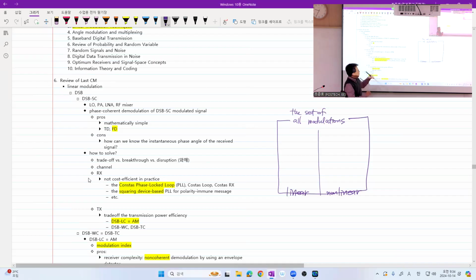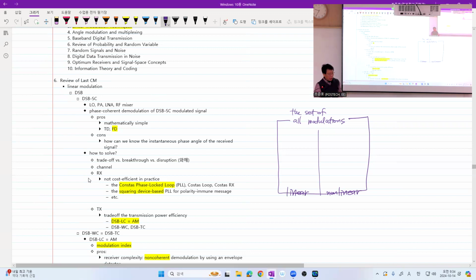Of course, this dissection depends on the definition. If we remove an affine transform from linear transform, because precisely speaking, affine mapping is not linear mapping, then we may put double sideband modulation in the nonlinear modulation.